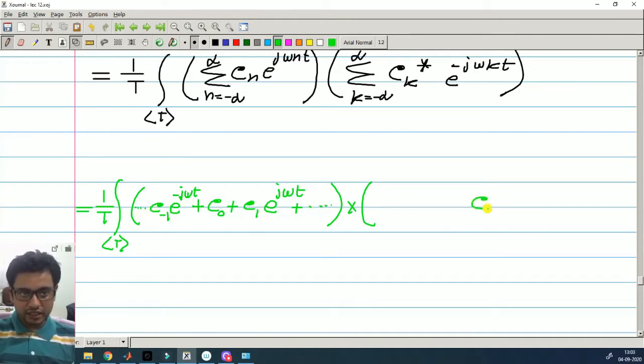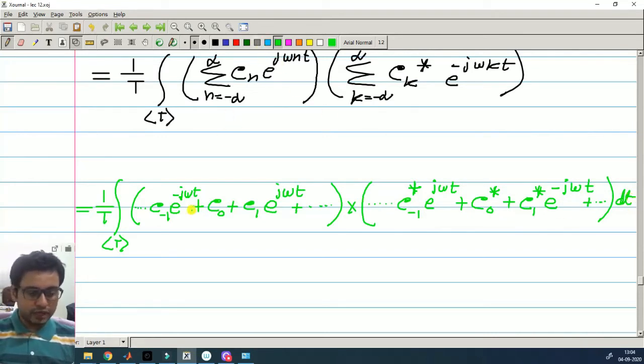Let me write here c0 star, then plus c1 star e to the power minus j omega 1 t, plus dot dot dot up to plus infinity, and on the other side c minus 1 star e to the power, this will become plus j omega t, dot dot dot up to minus infinity.